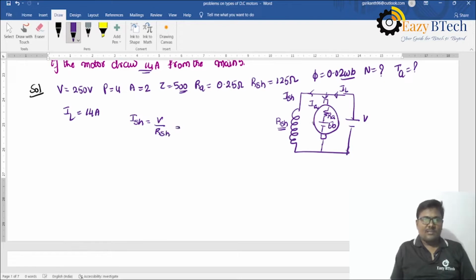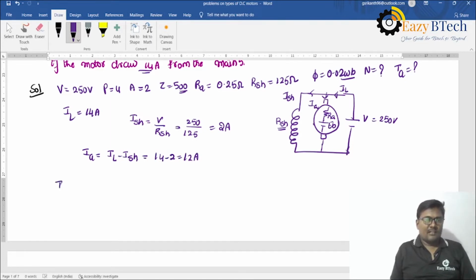What is V? Supply voltage is 250 volts. 250 divided by 125, that should be equal to 2 amperes. If IA is equal to IL minus ISH, 14 minus 2, that should be equal to 12 amperes.